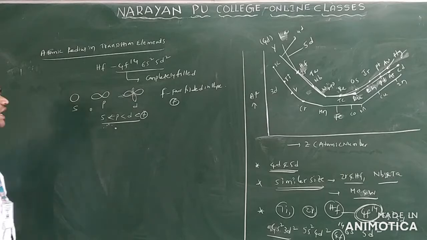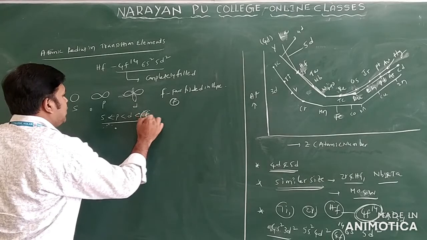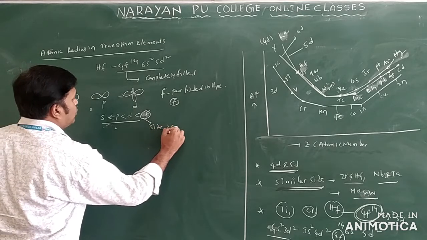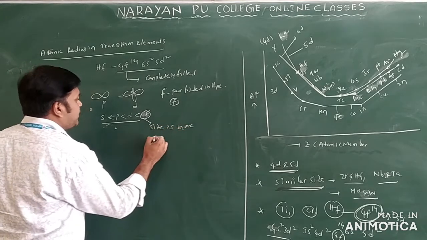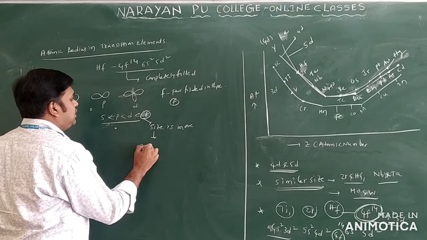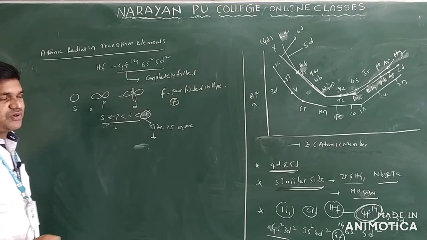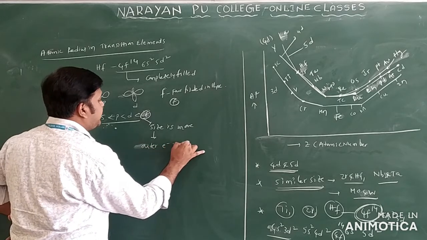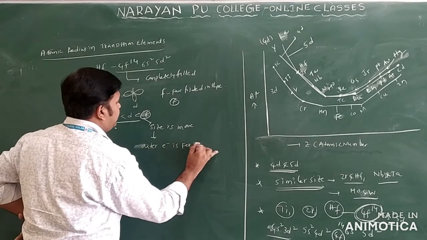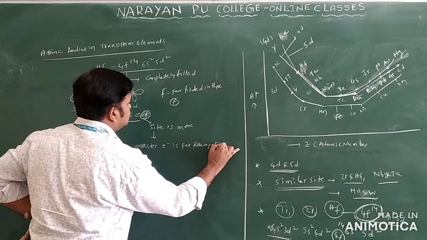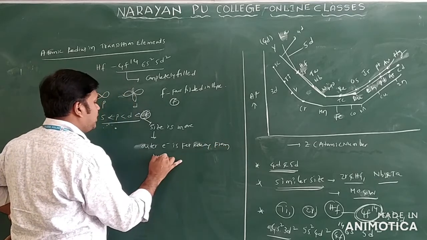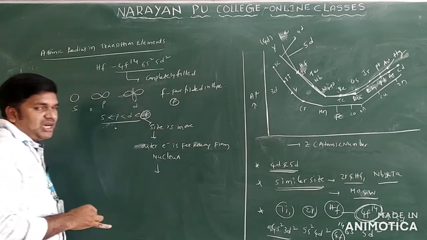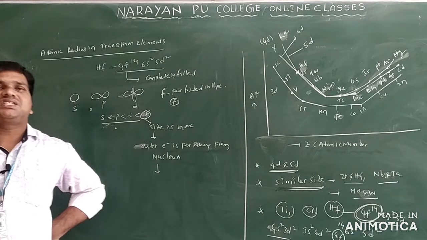So if the size is more here, what happens? The outer electron is far away from the nucleus only. So whenever the outer electron is far away from the nucleus, what about the shielding effect?